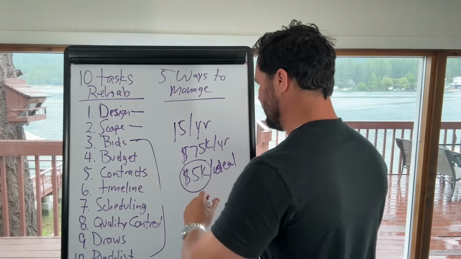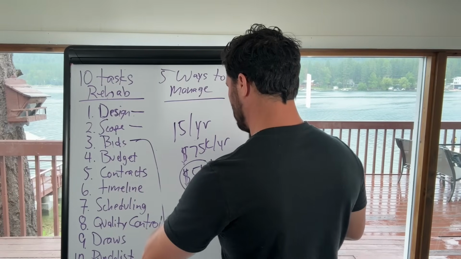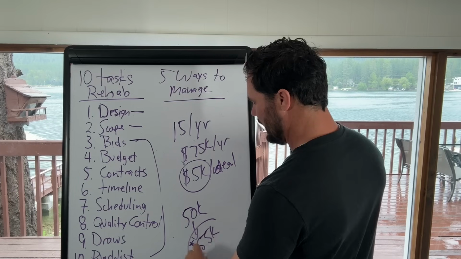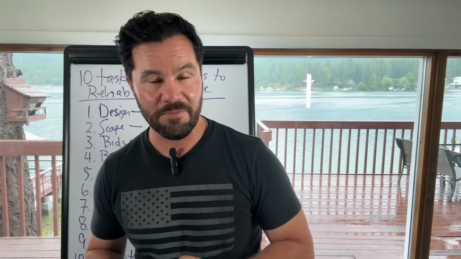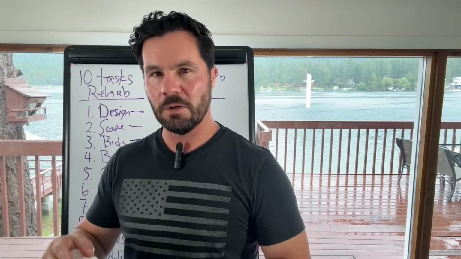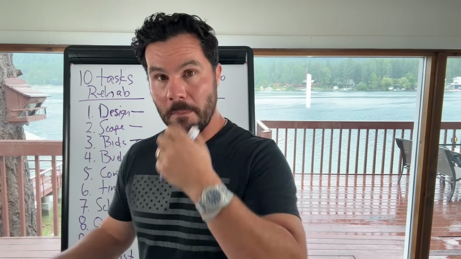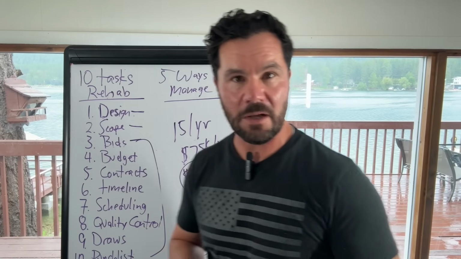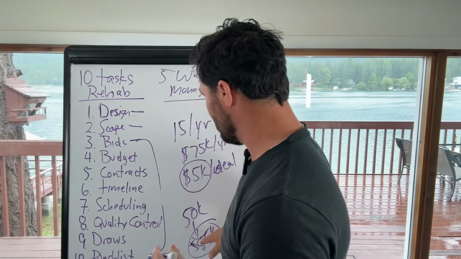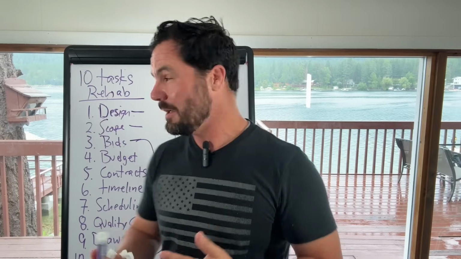So for example, if my rehab is going to cost me $50,000, then I bump my rehab to $55,000 and I borrow the extra $5,000 in my total capital to do the deal. So when I go to my hard money and private money, I'm just going to make my rehab now $55,000. I have right in my budget a line item called management or supervision for $5,000. So in essence, I'm borrowing the money to pay the salary of my foreman up front.